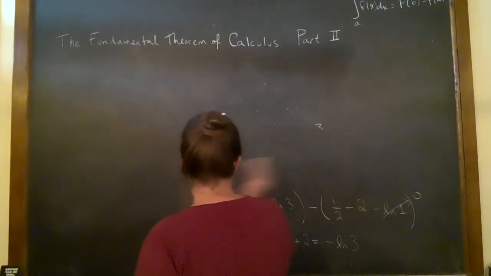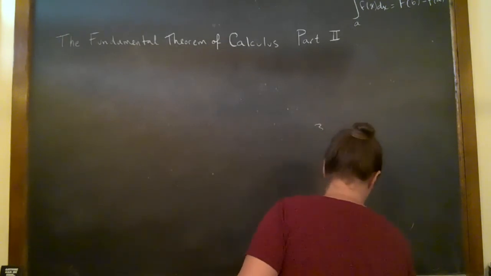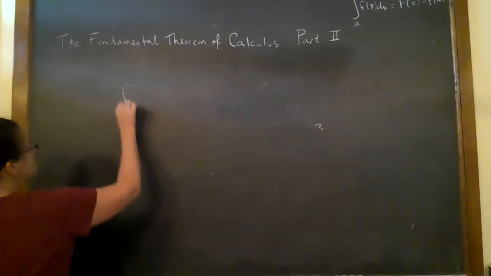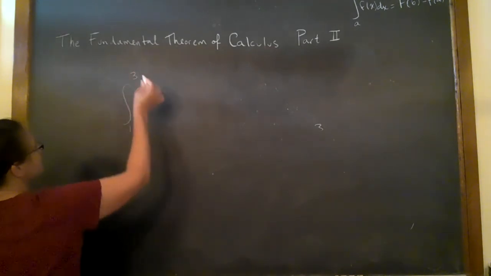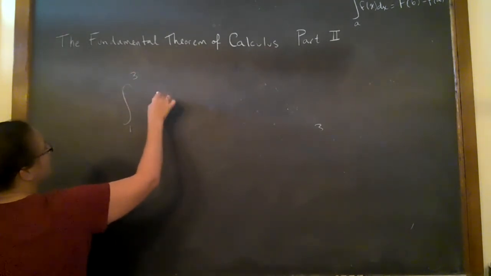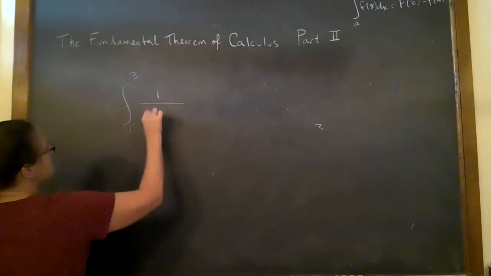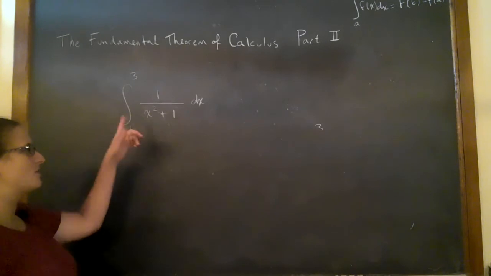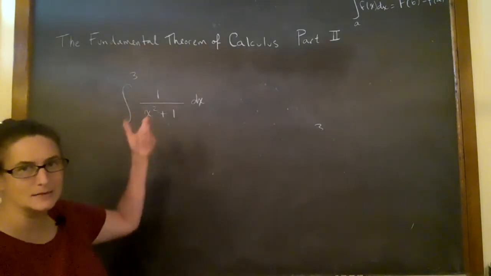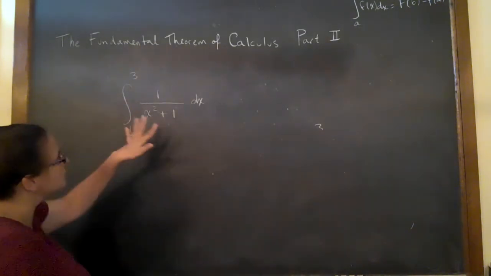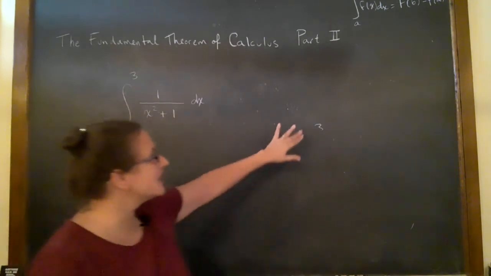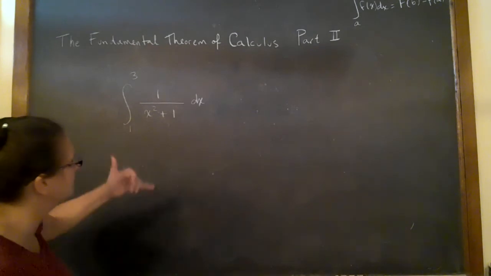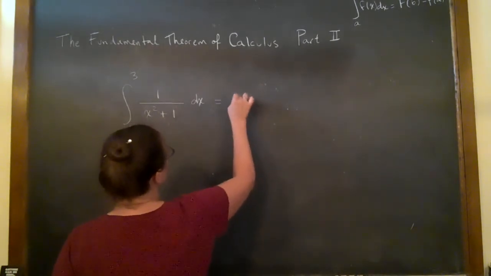If I have something instead, like 1 over x squared plus 1, I can't break that up. This isn't 1 over x squared plus 1 over 1, right? Because it's in the bottom. But this is actually an important form. It's inverse tan. When you see this, you should be able to recognize immediately, oh, that's inverse tan.